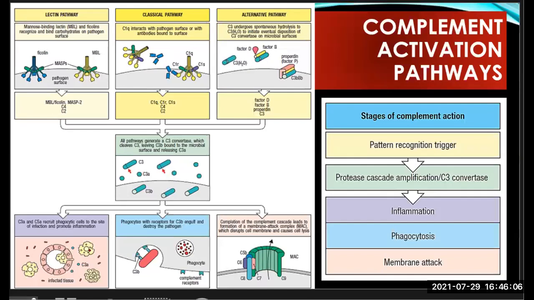Next, we have the complement activation pathways: the classical pathway, the alternative pathway, and the lectin pathway. We should again remember that one major function of complement is to label pathogens, labeling pathogens and other foreign or toxic bodies for elimination from the host.